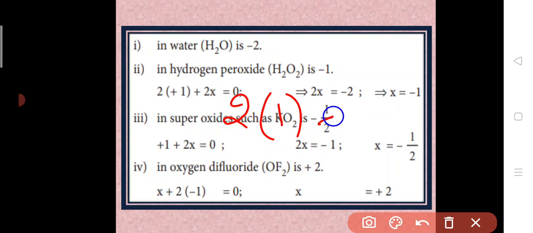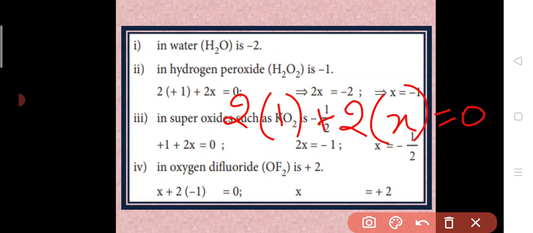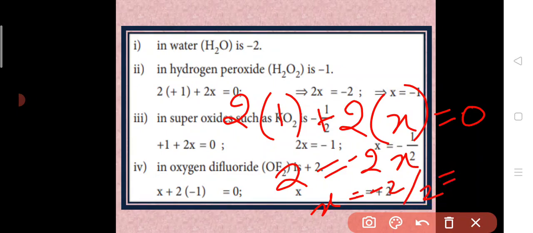So 2 into 1 plus 2 oxygens, but I don't know the value of oxygen, so you have to take it as x, is equal to 0. You should not put -2 here, because it changes for peroxides. So 2 plus 2x is equal to 0, that is 2 is equal to -2x, and x is equal to -2 by 2, which is -1.